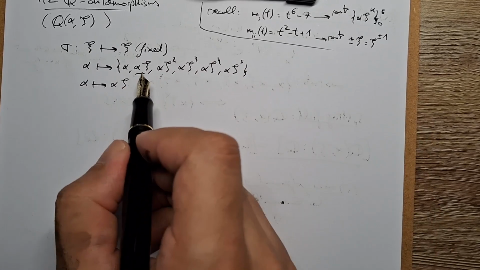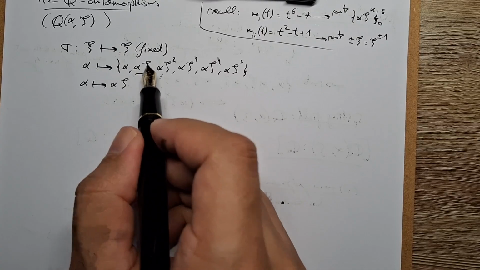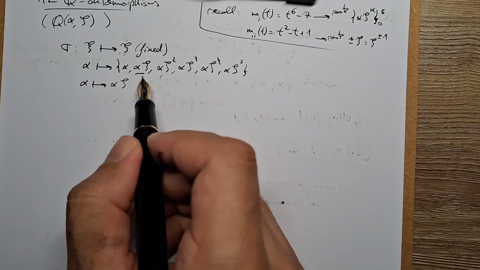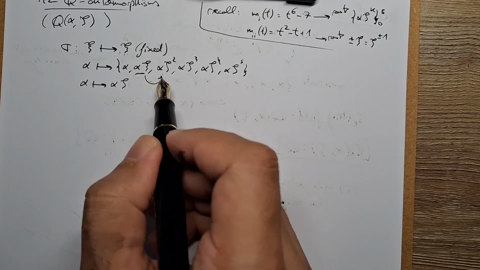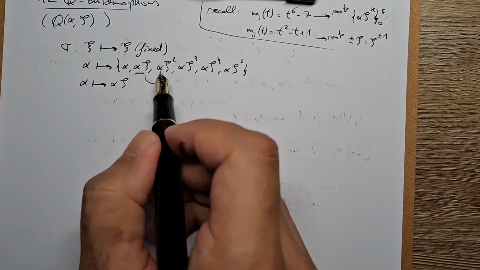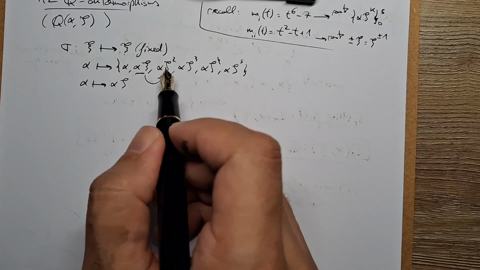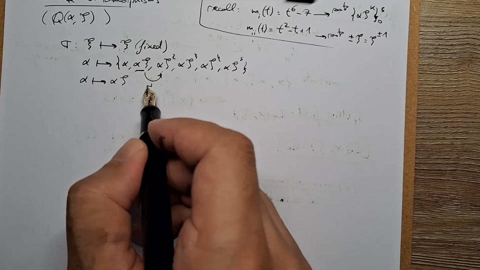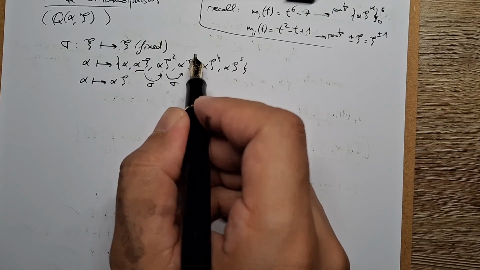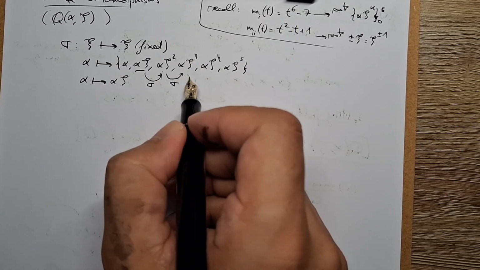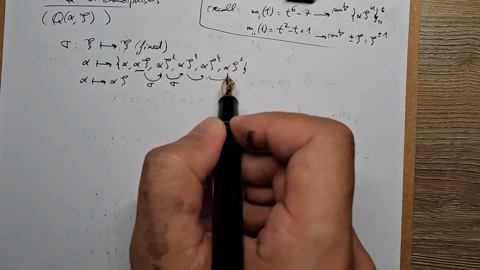Because now if you keep applying sigma to alpha theta, what you will have is alpha theta theta, which is alpha theta to the power of 2. Now if you have alpha theta to the power of 2 and you apply sigma again, you will find that now you have alpha theta to the cube. And you keep iterating.